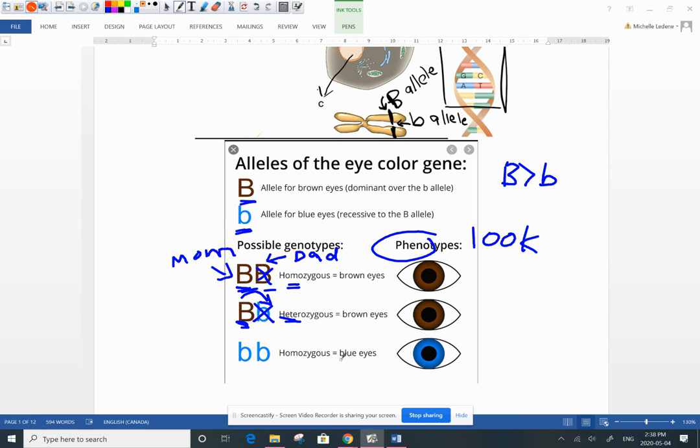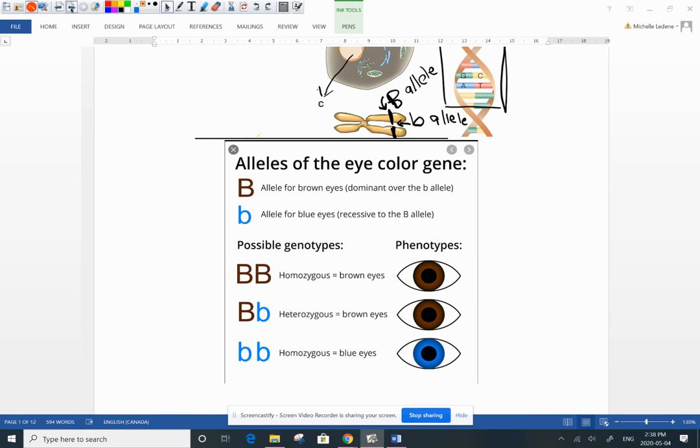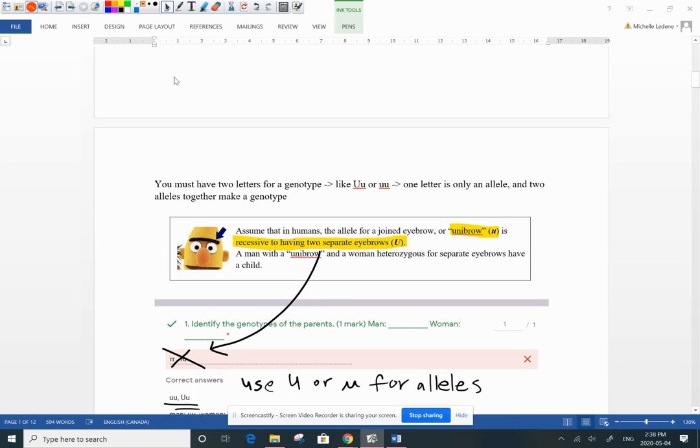The only people that have blue eyes are the ones who are homozygous recessive. They have to have two little b's, two of the recessive alleles, in order to show or express the blue eyes trait. So phenotypes are physical characteristics, genotypes are the combination of alleles, and the alleles are what's coded for on your DNA that you receive from your parents.